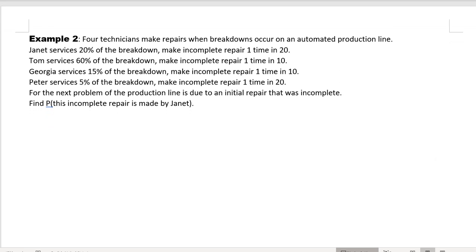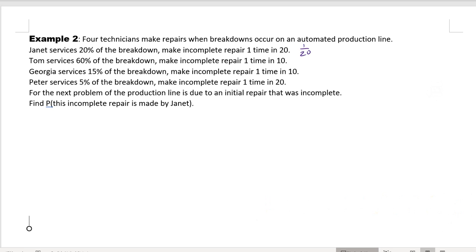Example 2. 4 technicians make repairs when breakdowns occur on an automatic production line. Jeanette services 20% of the breakdowns, and makes an incomplete repair one time in 20. So 1 time in 20, so 1 over 20.